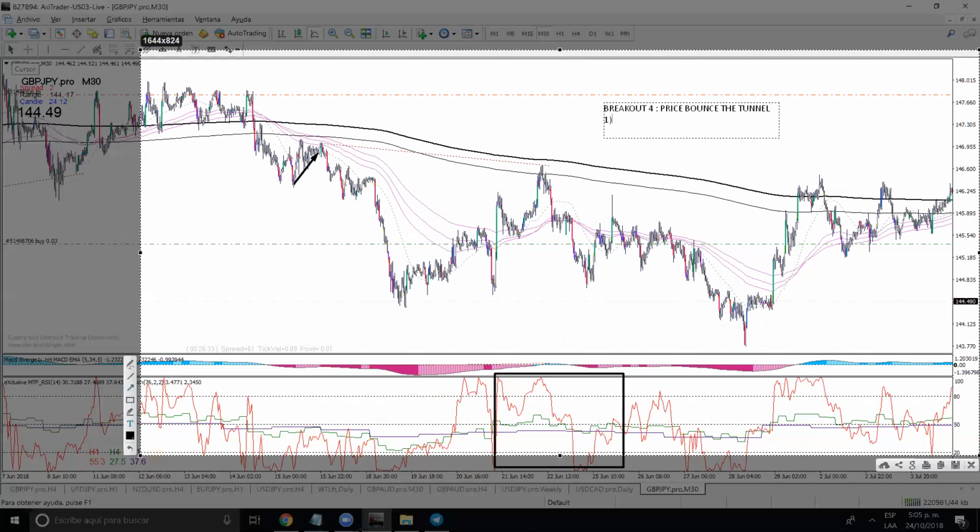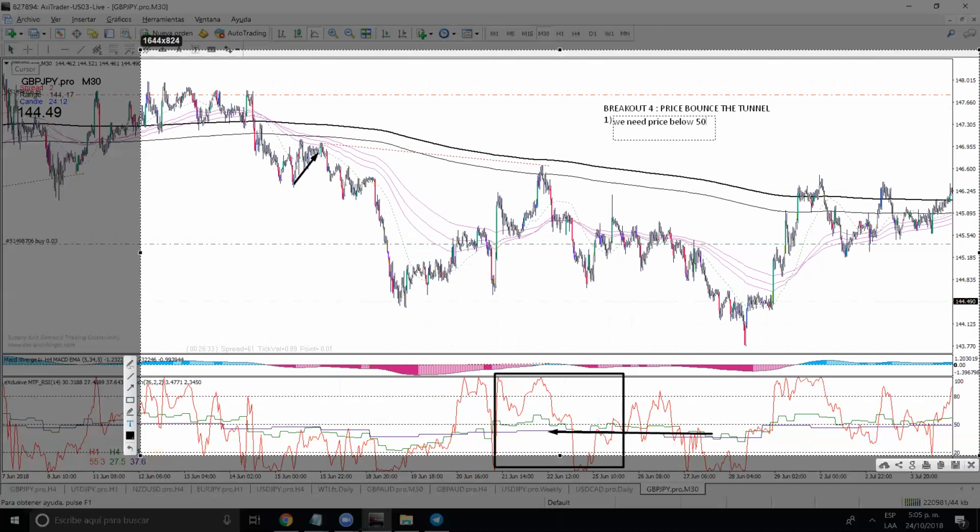First we need the purple line, in this case where we are in a bearish trend, to be below 50. We need price below 50. This is a bearish example.